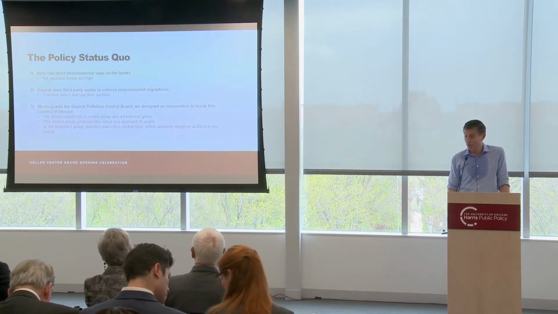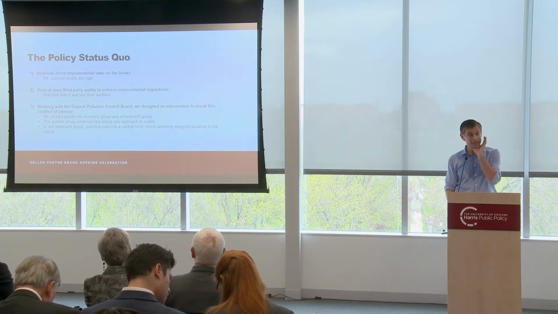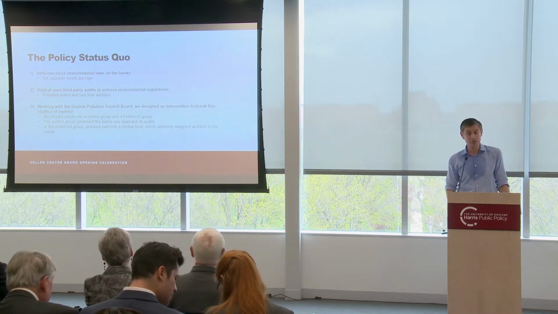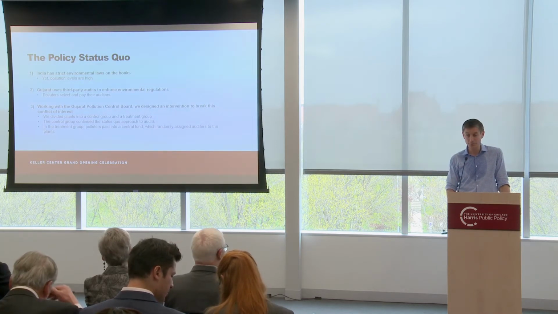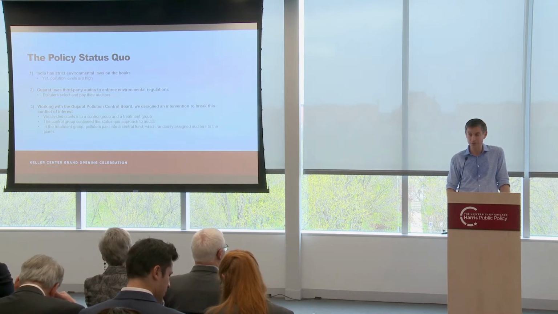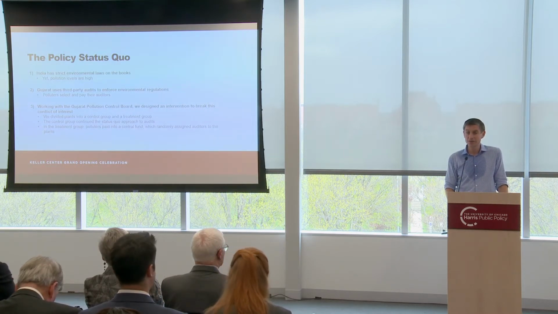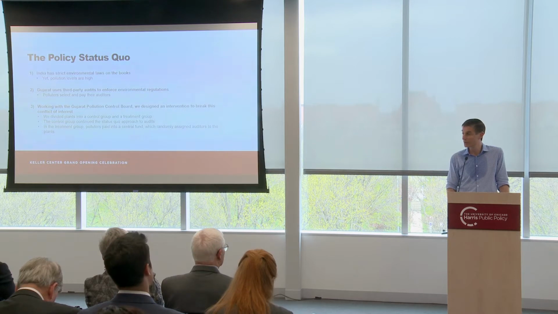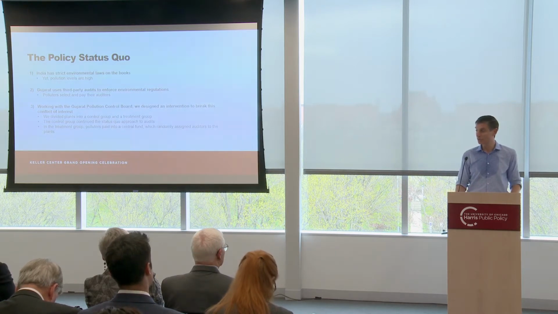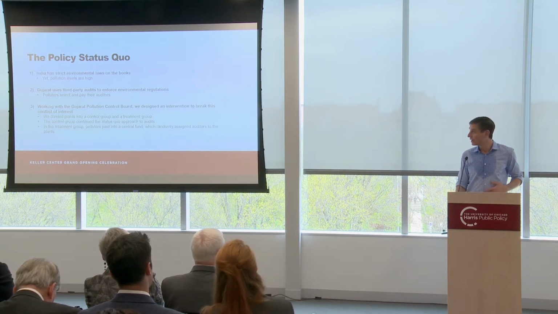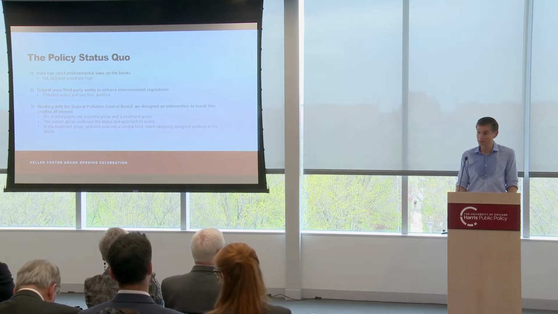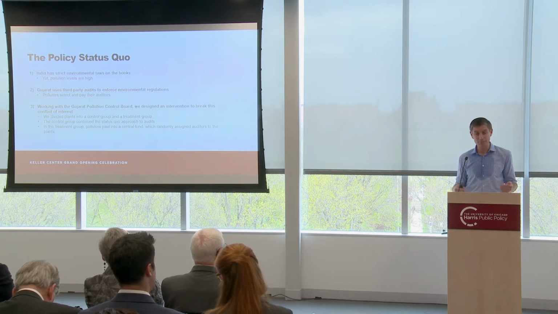And what we did, which is emblematic of a style of research that a series of people are participating in, certainly including Fiona, is form a collaboration with the environmental regulator in Gujarat, the Gujarat Pollution Control Board. When we first came into contact with them, they had two ways that they inspected polluters.